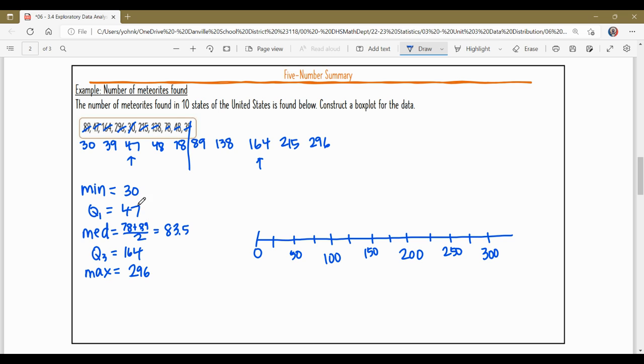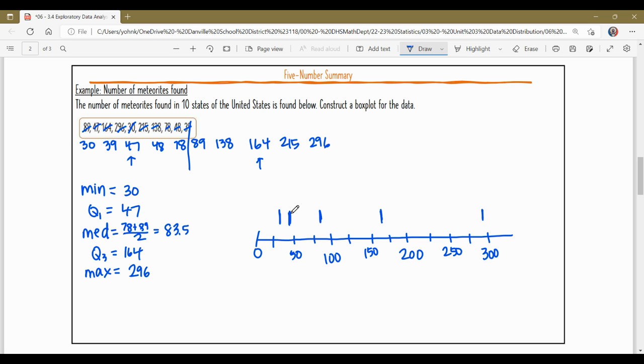For each of the five numbers, we put a small vertical line. Graphically, 30 would be right here, 47 a little closer to 50, 83.5 somewhere about there, 164 about here, and 296 about here.